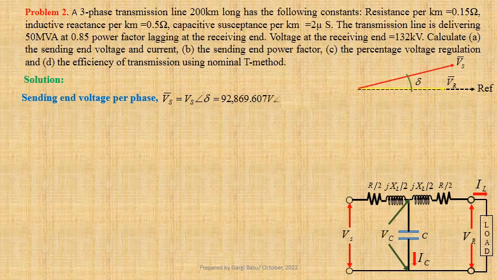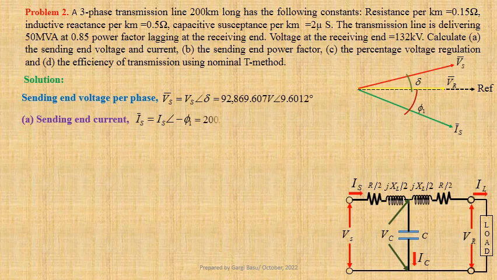We have obtained sending end voltage per phase Vs equals to Vs at an angle delta equals to 92,869.607 volt at an angle 9.6012 degree, and sending end current Is equals to Is at an angle minus phi 1 equals to 200.15 ampere at an angle minus 23.9792 degree.